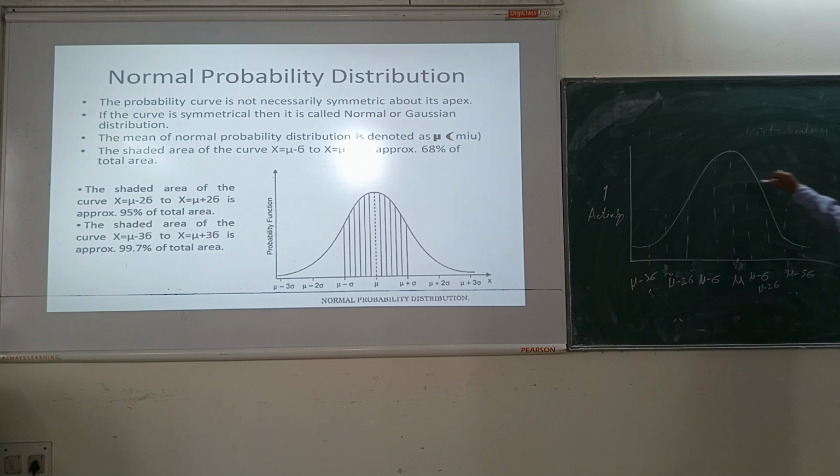Okay, so if you find the shaded portion where the maximum frequency of occurring, mu minus sigma is your 68%. Okay, there is 68% chance of occurring in an event.